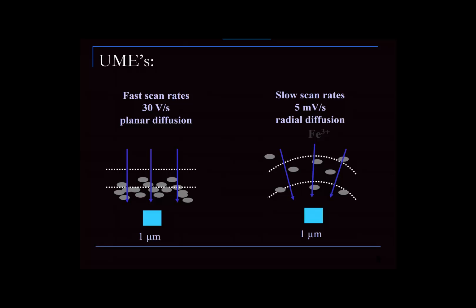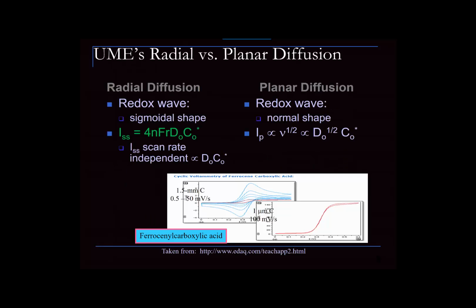And there'll be a different mode of mass transport, and therefore a different response waveform, which I'll show you in a second. If you scan really, really fast, you can change the appearance of the mode of mass transport. It'll look more like what you would see for a macro electrode, like the one you used in lab, a 1.6 millimeter electrode. The mode of mass transport will be planar diffusion. So if you use very small electrodes, you can change the mode of mass transport, and with that change of mode of mass transport, you can actually change the waveform shape.